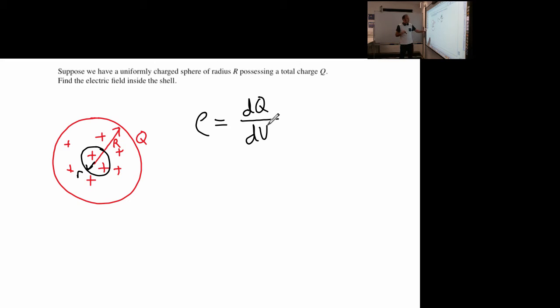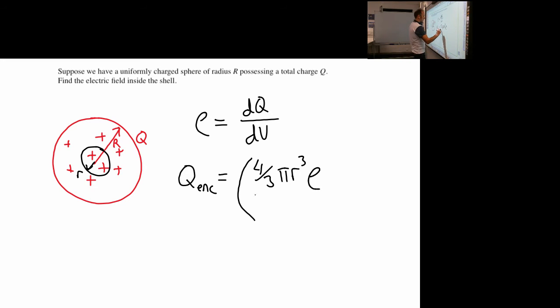Now, the charge which is going to be enclosed in our Gaussian surface, Q enclosed, will be equal to the ratio of the charge enclosed by the Gaussian surface and the charge enclosed by the total sphere. So it's a ratio of the two volumes. So what we have here is 4 over 3 pi r cubed by the density rho.